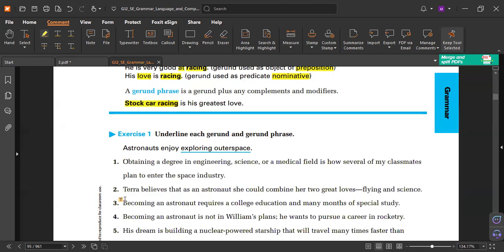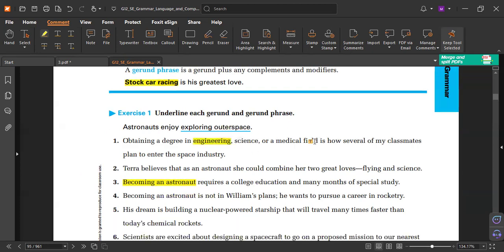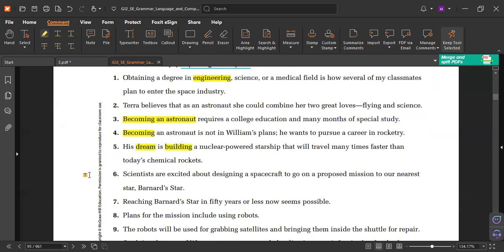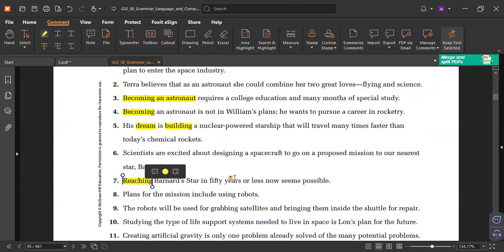Like that, look: becoming an instrument requires... Becoming here is the subject. Look, gerund, to complete the meaning. Subject. So it can be, yes or no? Yes, it can. Here's the subject. Look, reaching, blah, blah, seems possible. So what seems possible?